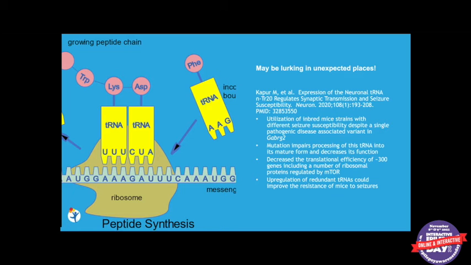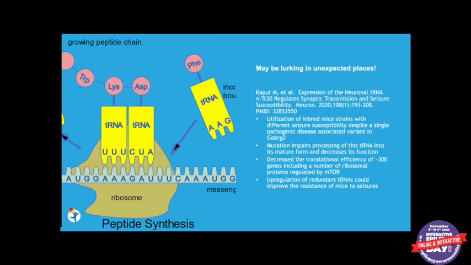Again, using these inbred mice, they had a pathogenic variant in an inhibitory gene that's related to epilepsy. So the brake pedal, if we think about our analogy. And the mutation in this transfer RNA decreased its efficiency and its ability to participate in this process of gene expression. Because it decreased the translational efficiency, it affected a number of genes, including our friend mTOR, who we heard about in the first part of the discussion, involved in structural epilepsy.